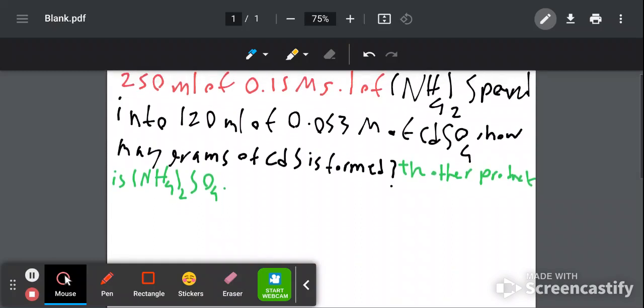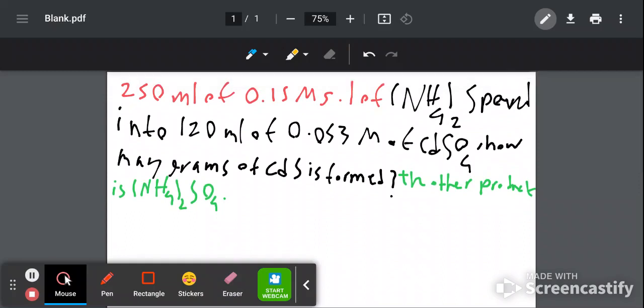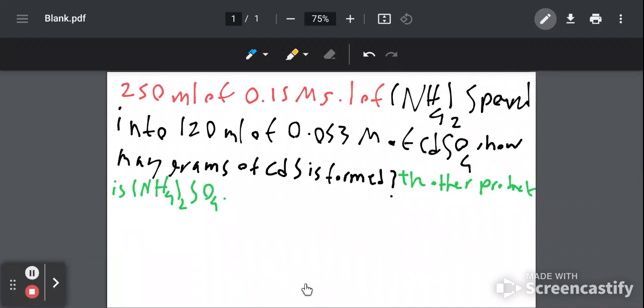What you have to do first is write the chemical equation. So how do we do that? It's pretty simple. I'm going to change how I write this to make it easier.